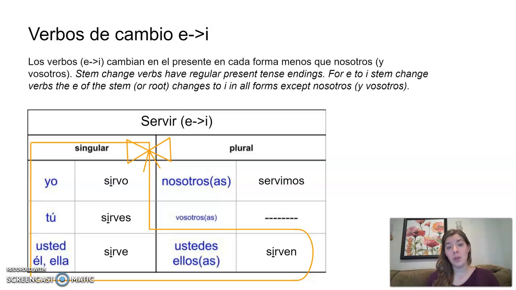El zapato le ayuda a recordar cuáles formas se cambian. It helps you remember which are the forms that are going to change, this shoe. Cambia en todas las formas menos nosotros.